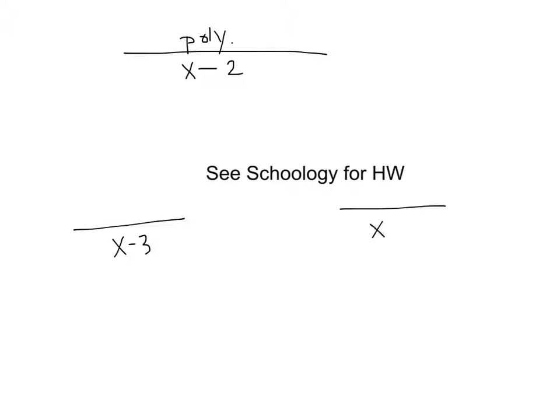I do want to say one more thing, though, now that I'm looking at my examples. For each of these, whatever polynomial we had, we were always dividing by x minus c. So we did an example with x minus 2. We did an example where we were dividing by x minus 3. We did an example when we were dividing by x minus 4.